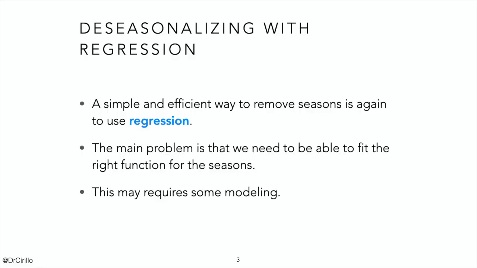Now, there are different ways in which we can play with seasons. The simplest one you can imagine is regression. So we can try to perform some sort of regression, and as we did with trends, the residuals of our regression will be our deseasonalized time series.